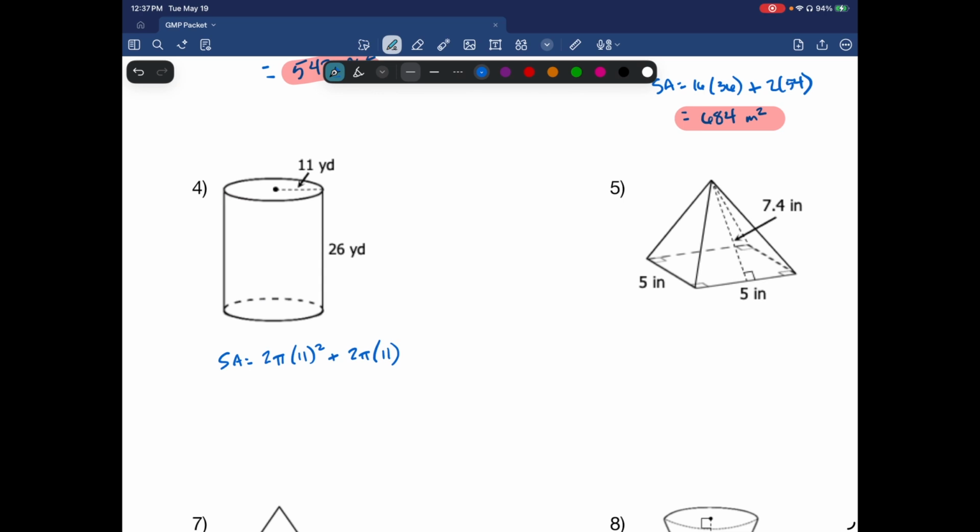Remember, 11 is your radius, so 2 pi r is your perimeter. So it's kind of the same thing as before: 2 times pi r, your perimeter, times your height, or your depth. How far is one circle from the other? That's 26. You crunch those numbers and you get approximately 2557.26 yards squared.